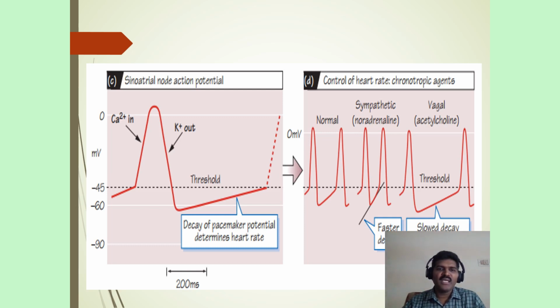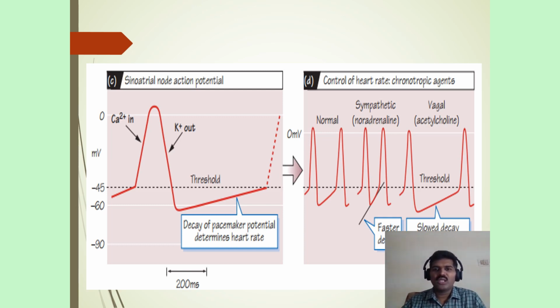It reaches a peak and then comes down because of outward current of the potassium. Once it comes down, touches the baseline, that is the resting membrane potential, there is an aftershoot due to continued efflux of potassium, and then the cycle repeats. Decay of pacemaker potential determines the heart rate.